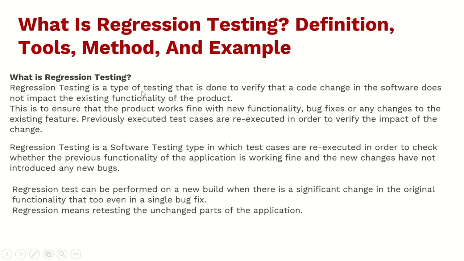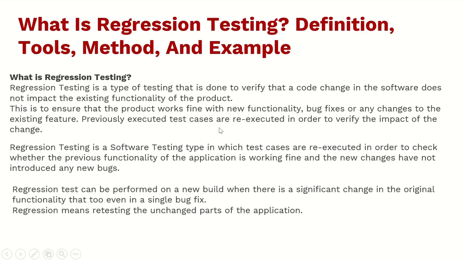Regression testing is a type of testing that is done to verify that a code change in the software does not impact the existing functionality of the product. This is to ensure that the product works fine with new functionality, bug fixes or any changes to the existing feature.